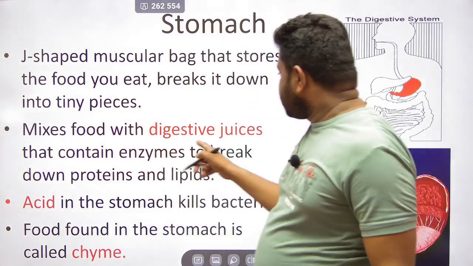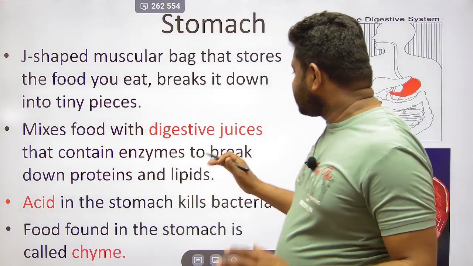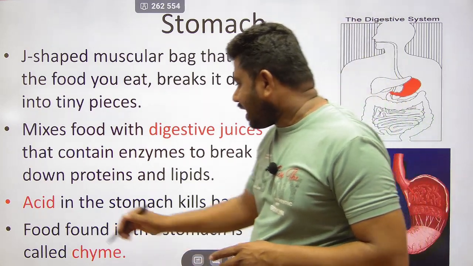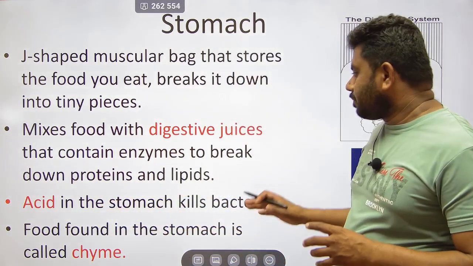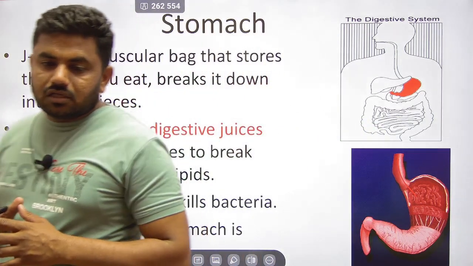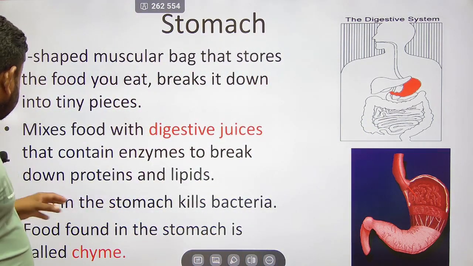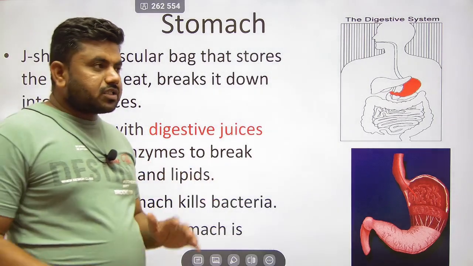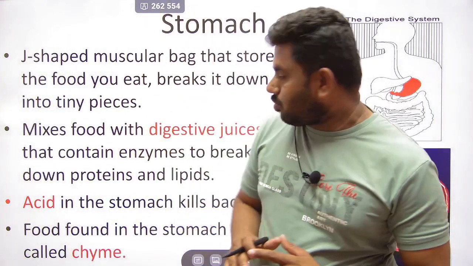It mixes food with digestive juices that contain enzymes to break down proteins and lipids also. Acid in the stomach kills bacteria. Many types of bacteria are there in our food, and that acid in the stomach kills the bacteria which are not useful to our body.